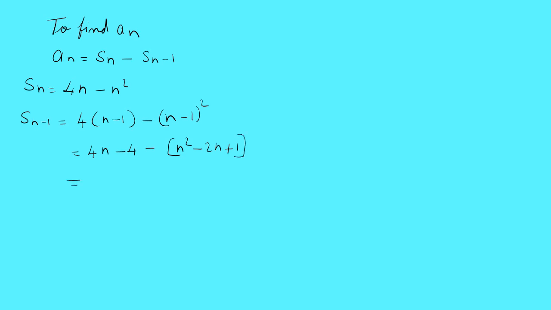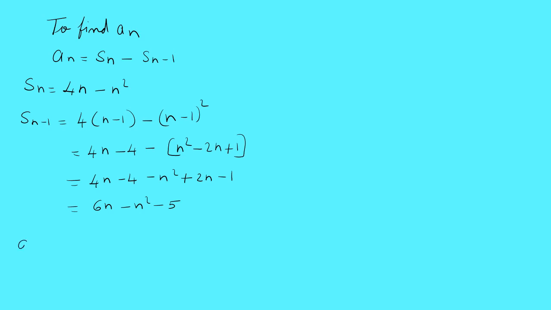Now removing the bracket, you will get 4n minus 4 minus n square plus 2n minus 1, that is 4n plus 2n, that is 6n minus n square minus 4 minus 1, that is minus 5. So you are getting 6n minus n square minus 5.